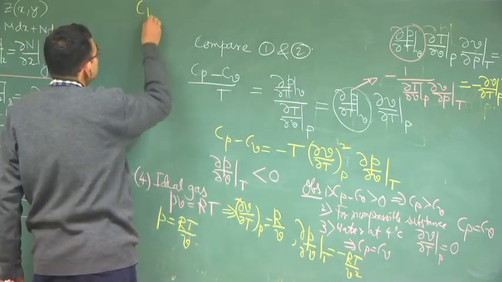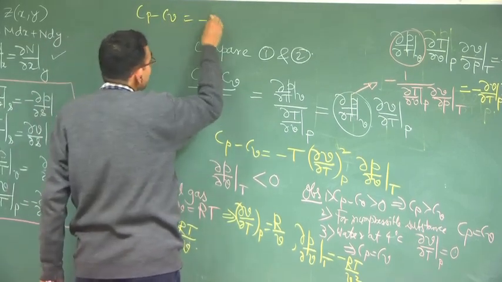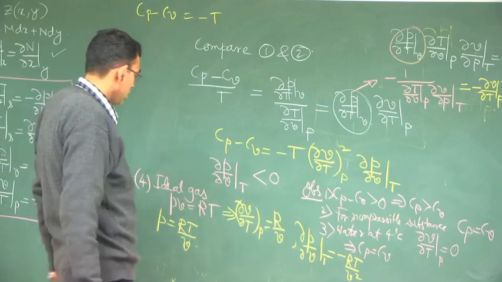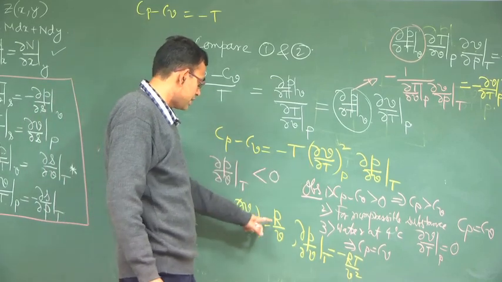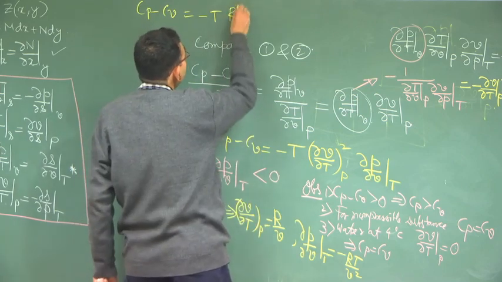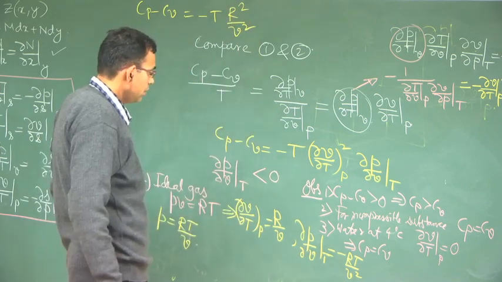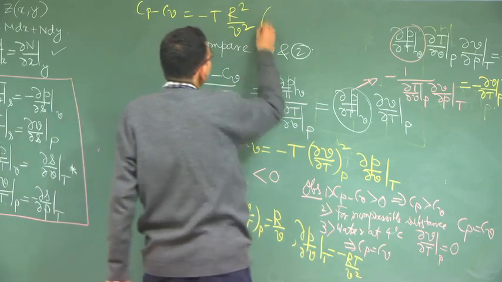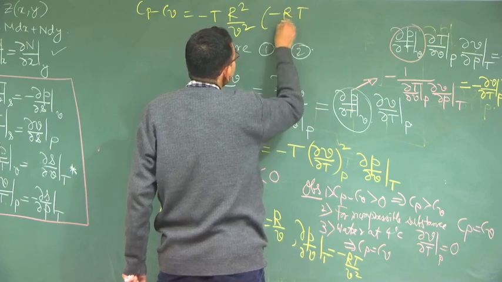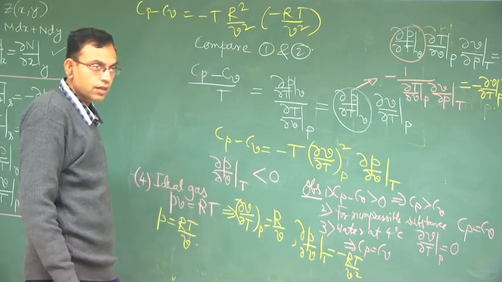So, Cp minus Cv is equal to minus T into the square of this, that is R square by V square, into minus RT by V square, right.